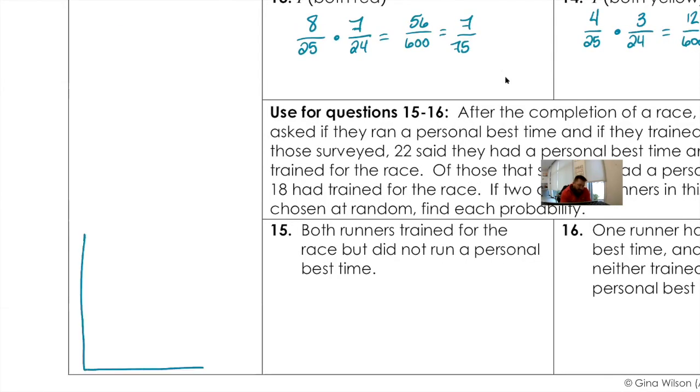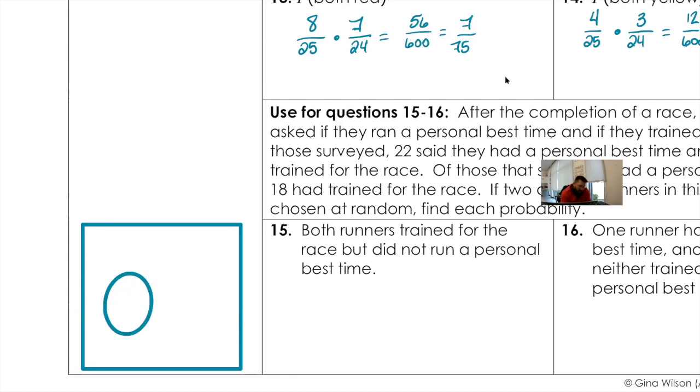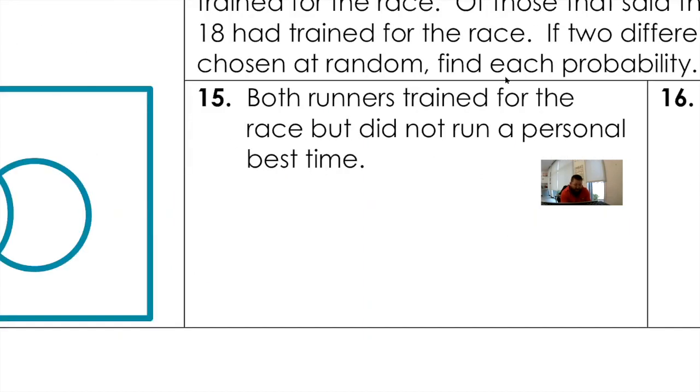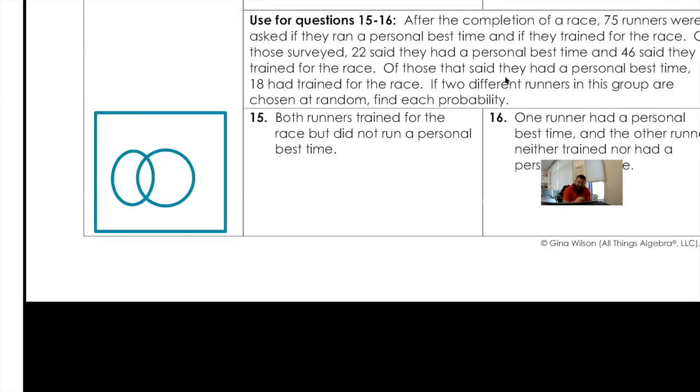So if I come over here and I draw me one of these, and I draw another one of those, you get this quirky looking Venn diagram. All right, so our universal set is runners.